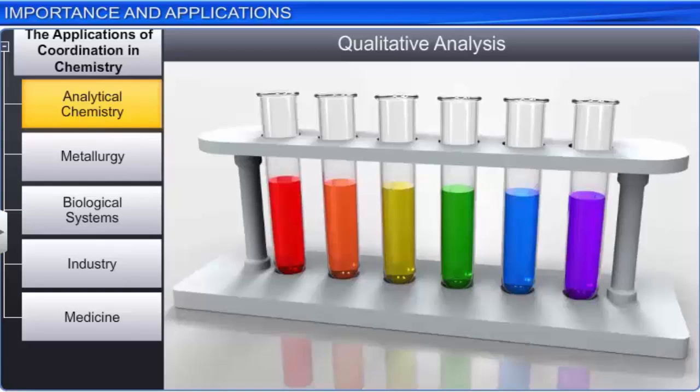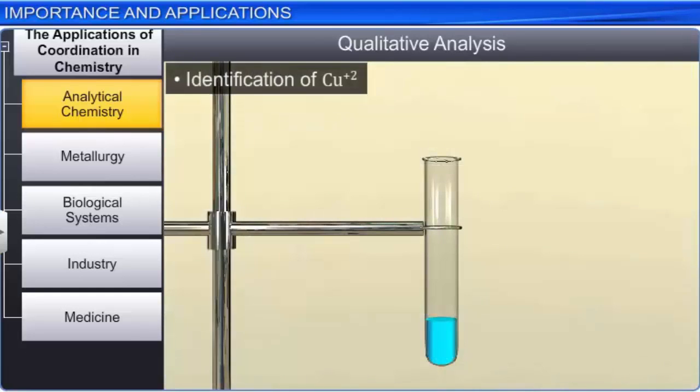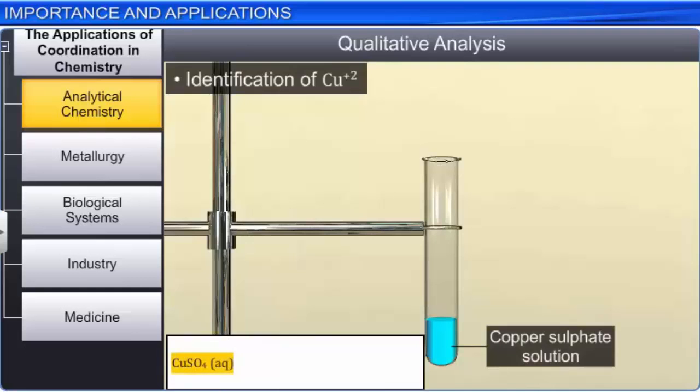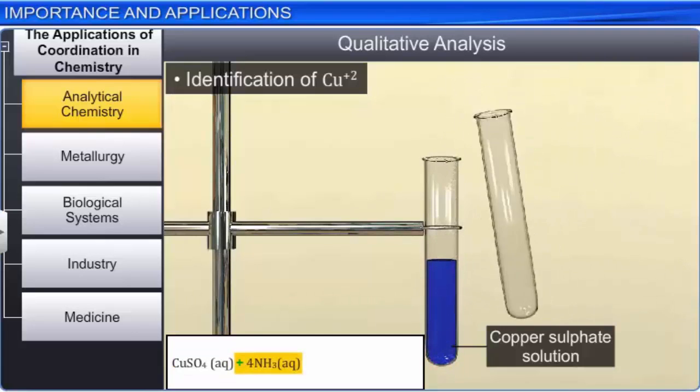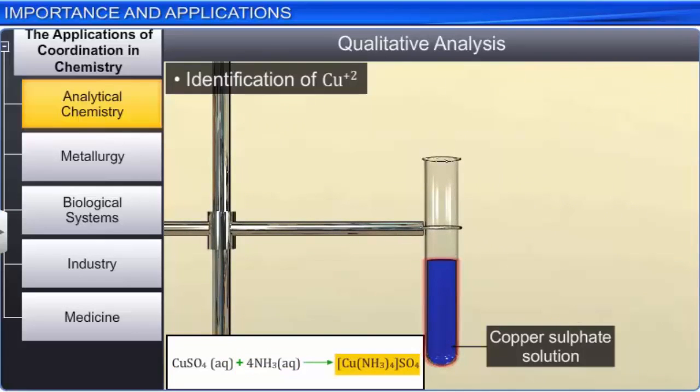For example, when copper sulfate solution is mixed with aqueous ammonia, a deep blue complex soluble in water is formed. This reaction is used to detect cupric ions in the salt.